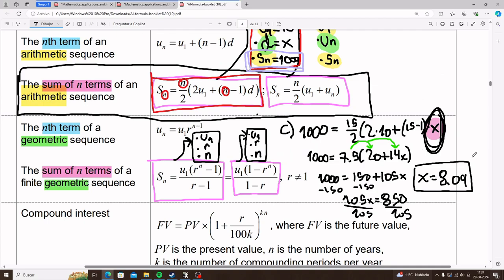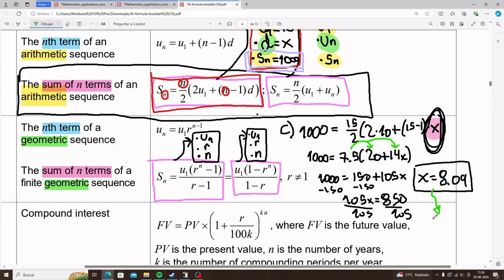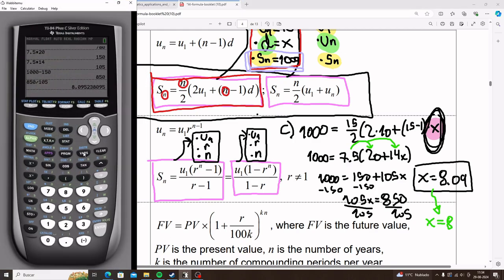So, the minimum integer value of x, think about it this way. If you ended up with x equals 8.09, the common mistake is that people say, you're closer to 8, so my final answer is x equals 8. But if you take this equation, right, and instead of putting d equals 9, you put d equals 8, which would be rounding down, which is the common mistake, you end up with less than 1,000.